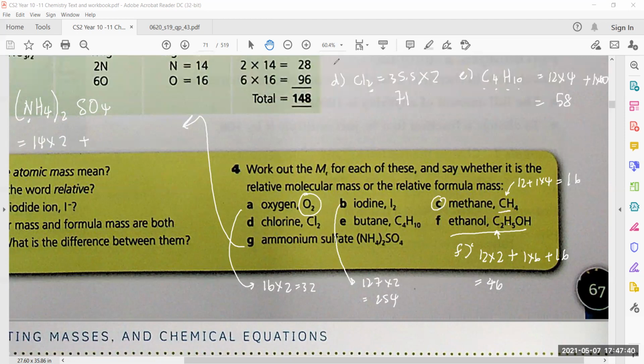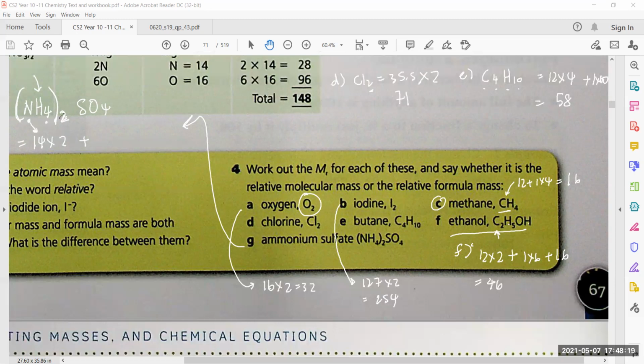Okay, Matthew, how many hydrogen do we have? Matthew? 4. No, okay. You have to see the bracket. So the bracket here is 2. That's why for nitrogen we take 14 times 2.